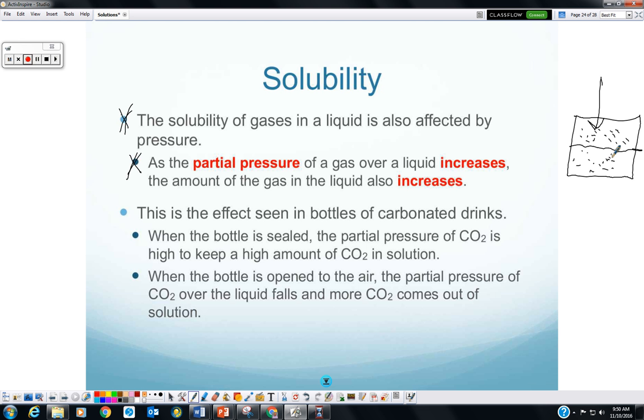So whenever you pop the top or unscrew the lid on a soft drink, you release that pressure. What immediately starts happening is it starts bubbling. The carbon dioxide that's trapped in the liquid starts coming out. When you release that pressure, the vapor pressure is low enough that the carbon dioxide gas starts escaping back out.